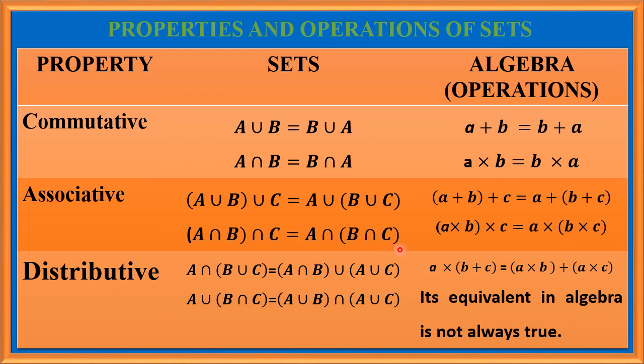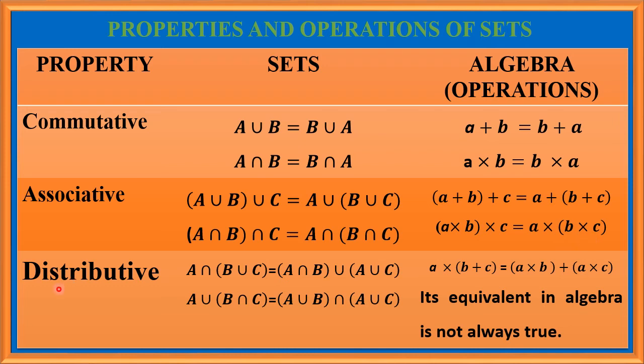This shows associative property. Then relating them with the operations, we have A plus B in bracket plus C, and this should be equal to A plus B plus C in bracket, or A multiplied by B in bracket multiplied by C equal to A multiplied by B multiplied by C in bracket.